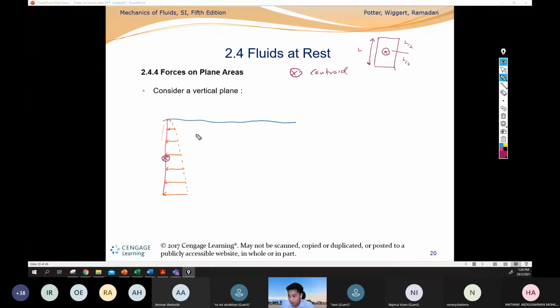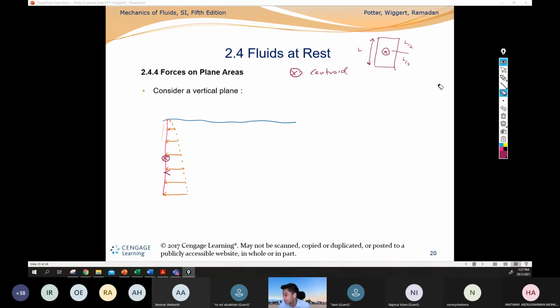The resultant force is actually not acting at the centroid. Can you see? Because the pressure is not uniform, the point will be in this direction. It has a tendency towards where there is more force.